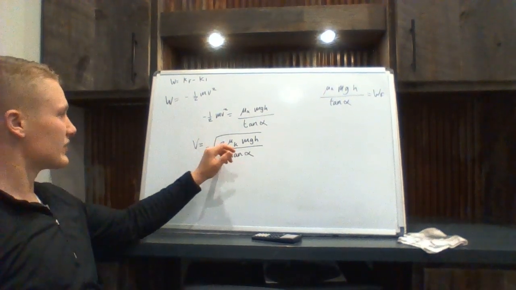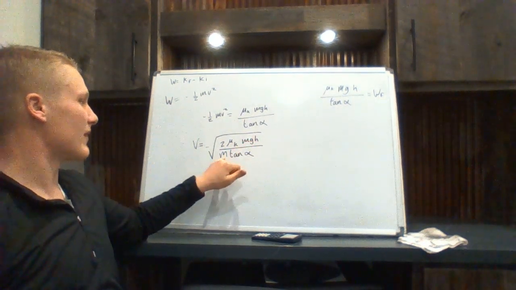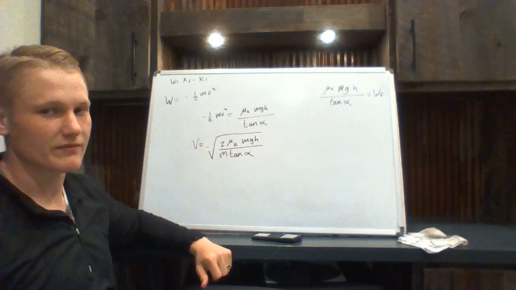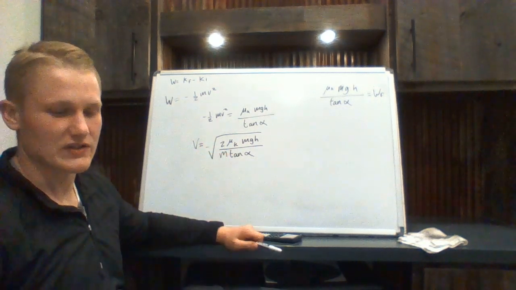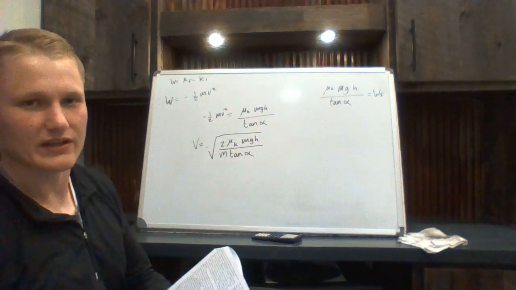We have 2 times coefficient of friction times mgh over mass times tangent alpha, and the square root of all that. So this is the answer I got for question 23 in chapter 6.